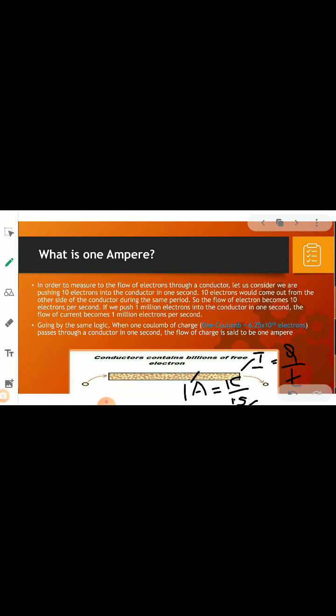If they ask you to define it, then you have to define 1 ampere: when 1 coulomb of charge passes through a conductor in 1 second, the flow of charge is said to be 1 ampere. This is the definition.